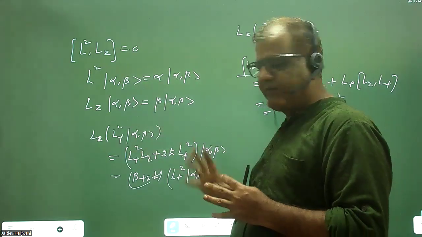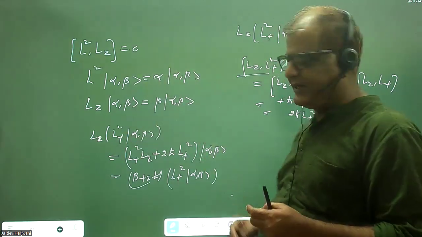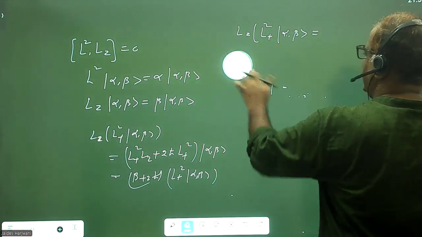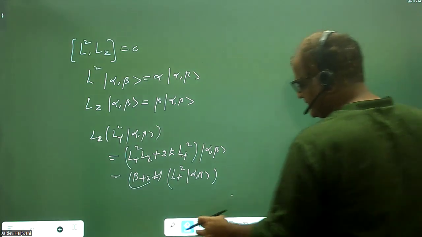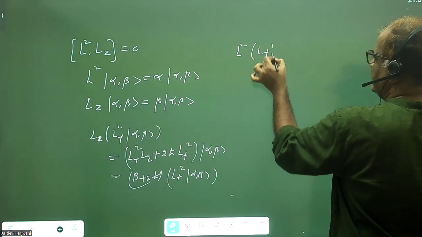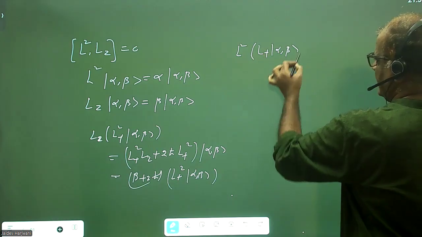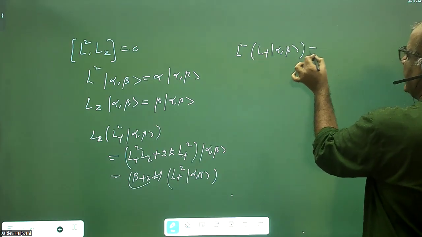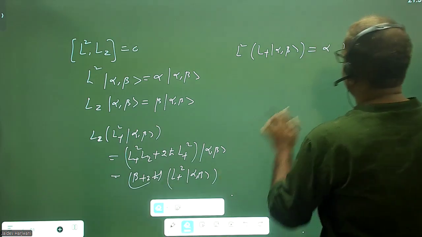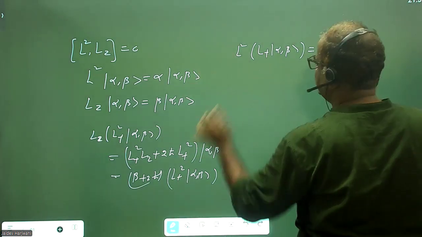So for the moment, I have proved that L plus square, alpha beta, these are all eigenstates of Lz. And now I am going to show you that if I operate L square on L plus alpha beta, this is also an eigenstate of L square with the same eigenvalue. We can prove it very easily, because L square commutes with L plus.